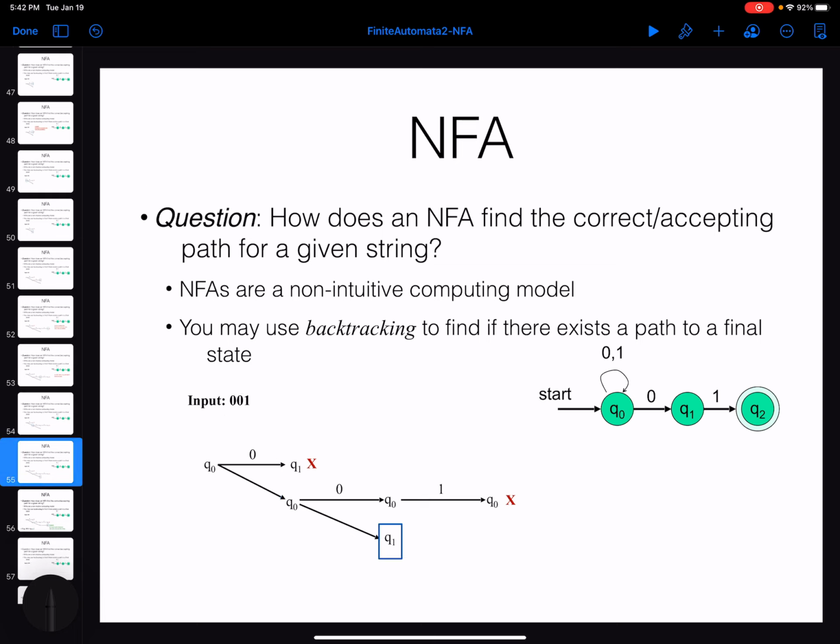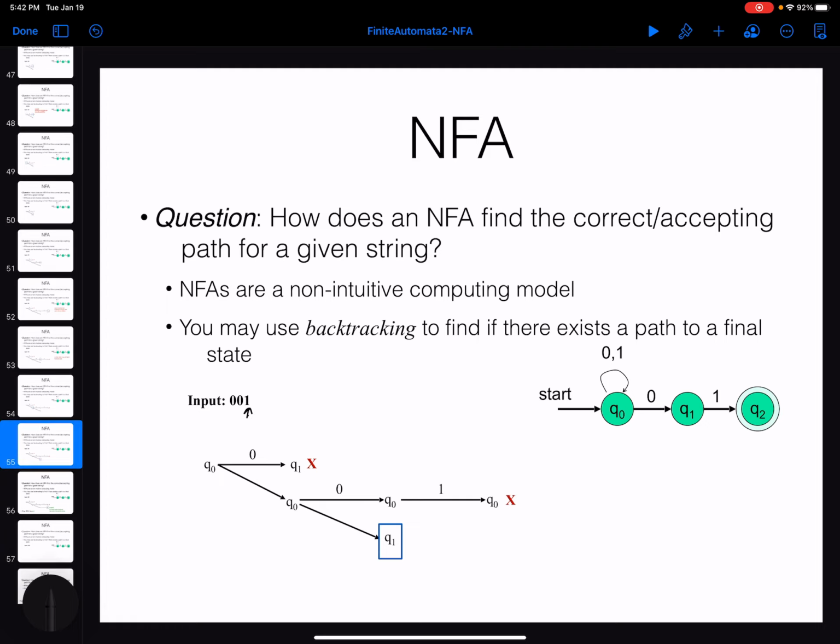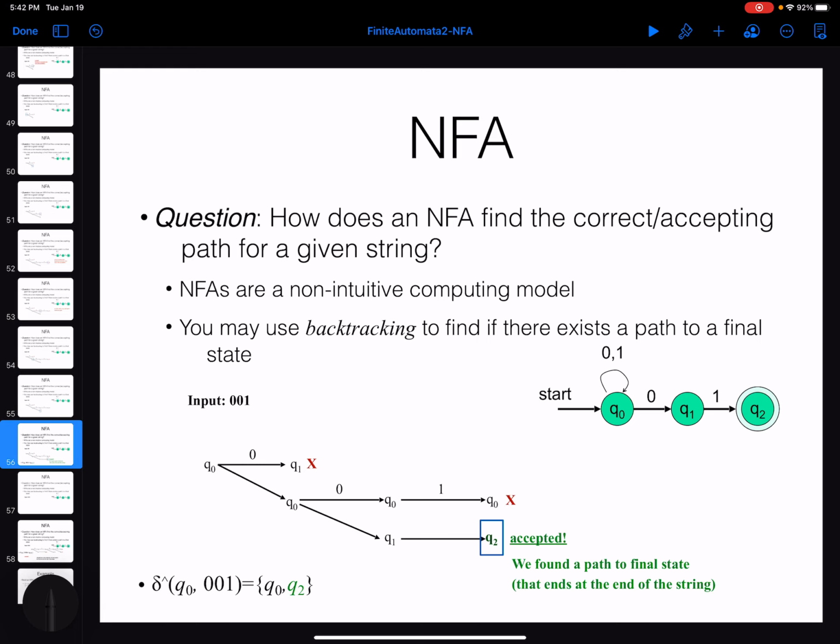Let's see what would happen here. At Q1, I have one more input symbol to read. From Q1, by reading 1, I can go to Q2. And yes, this path ends up in an accepting state for me, right? So I am going to accept the string.